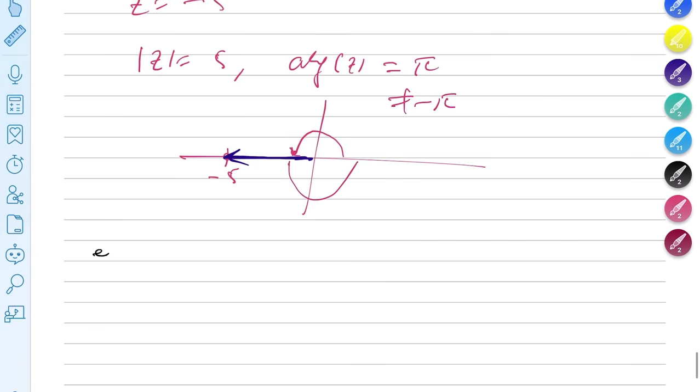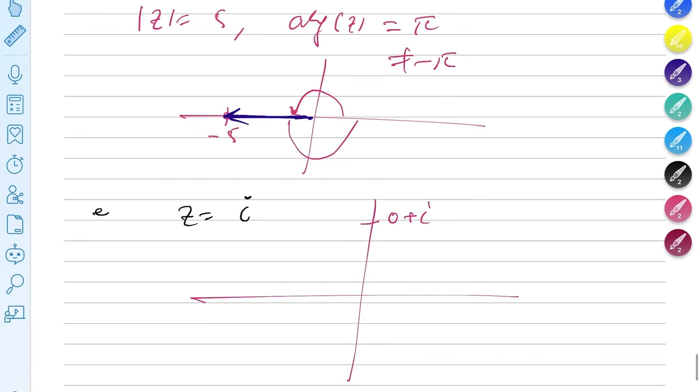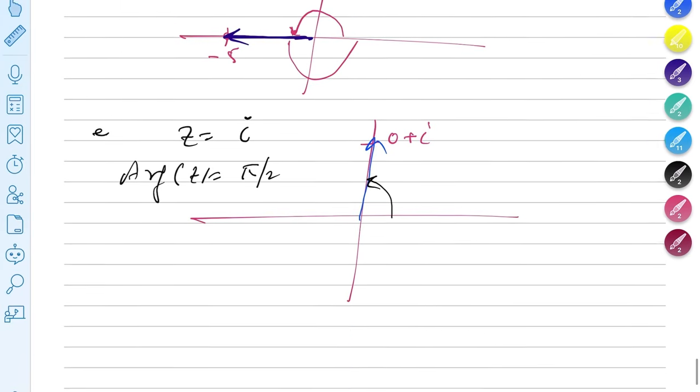Similarly, let's say z is equal to i, which means 0 plus i, and this complex number i is represented like this, and its direction is like this. So the principal argument of z is pi by 2.